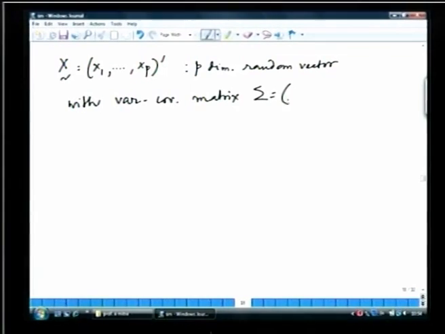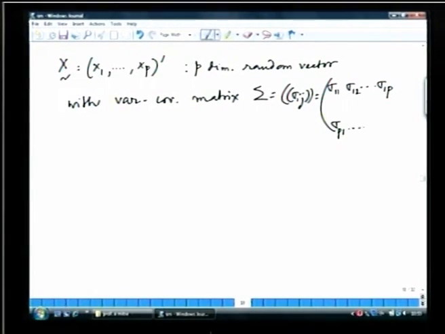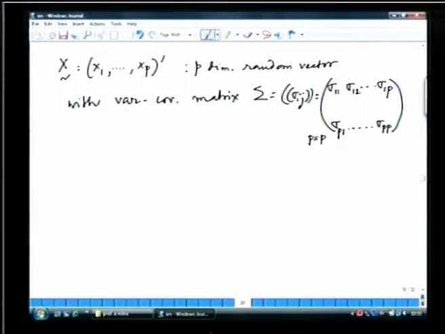A very general sigma, with elements sigma ij, and we prefer to write it in this way: sigma 1 1, sigma 1 2 to sigma 1 p. This is a symmetric matrix, which means basically sigma ij is equal to sigma ji. So that's a p by p square matrix, and we assume positive definiteness of this matrix.